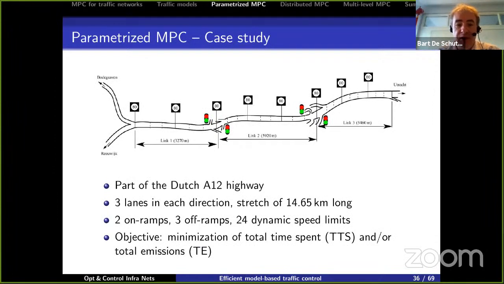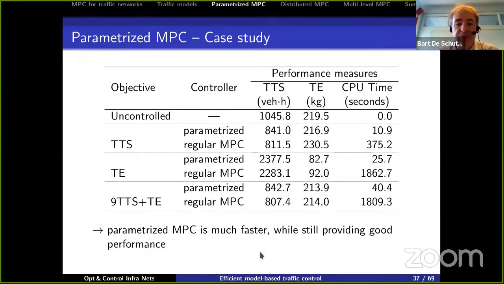And we did a small case study. We used the A12 highway. And we looked here at the optimization of the total time spent and the total emissions. And here are some of the results. So we first consider the uncontrolled case. And there we have a total time spent of about 1,045 and 220 kilogram emissions. And of course, if you don't do control, you don't have any CPU time.